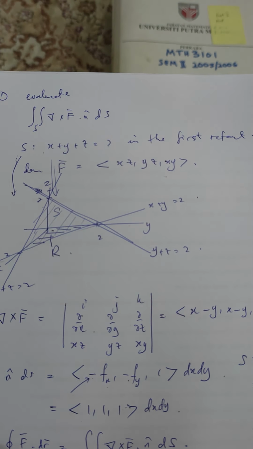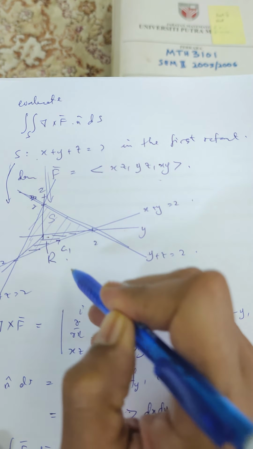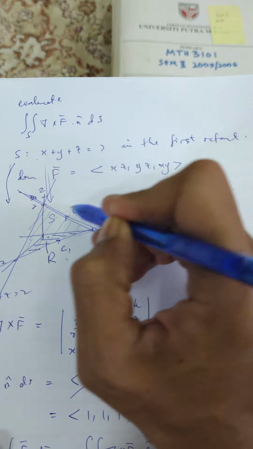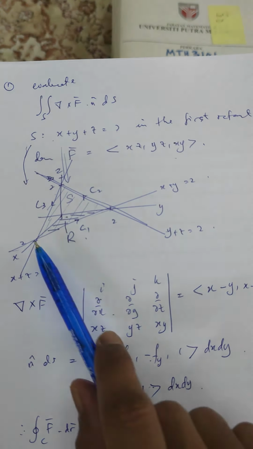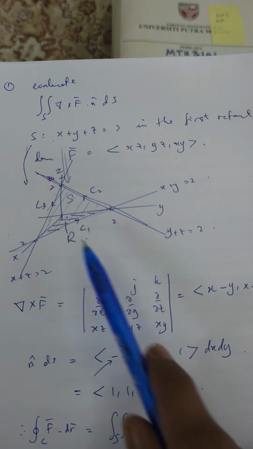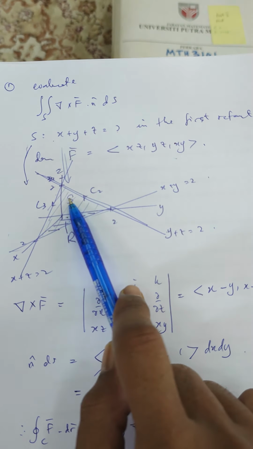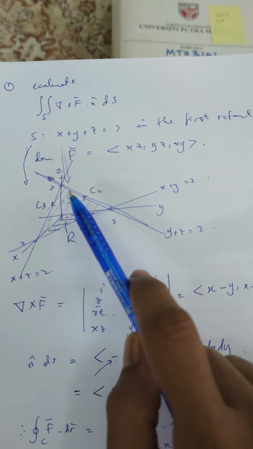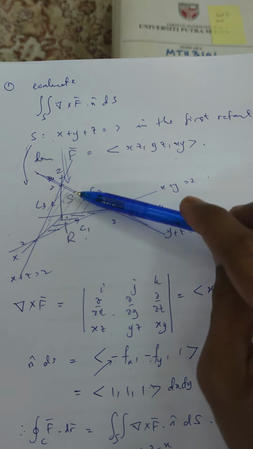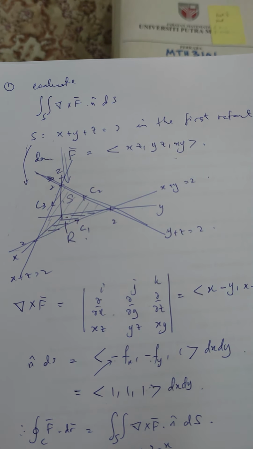If you look at here, you can consider this as C1, this is your C2, this is your C3. So you can evaluate C1, C2, C3. Remember that C is the boundary of S. So we got S, then the boundary of S, that we call C1, C2, C3, not on the R itself.